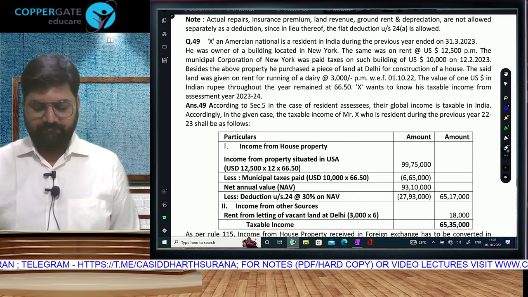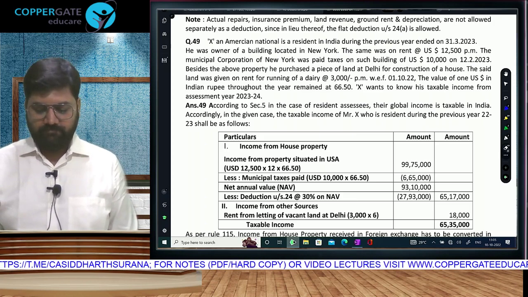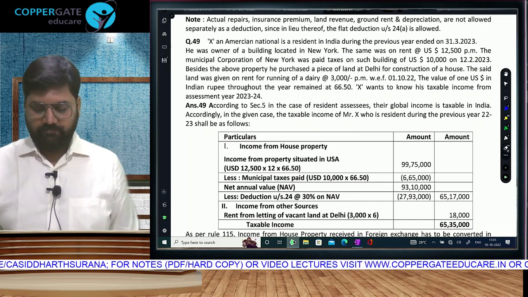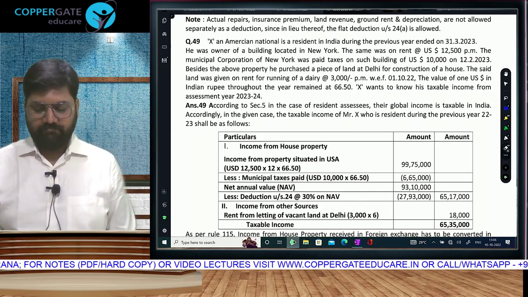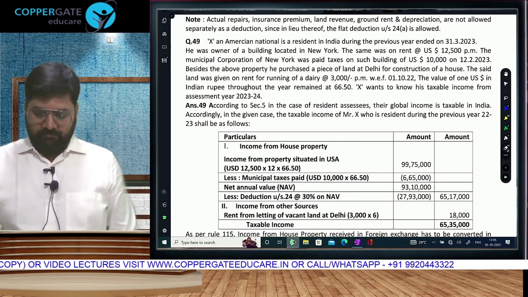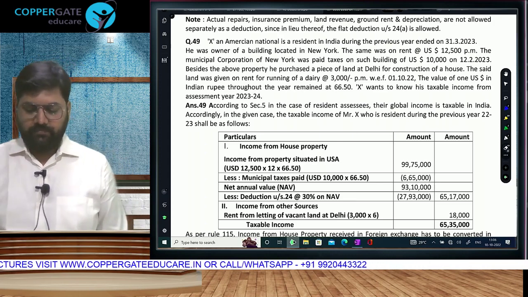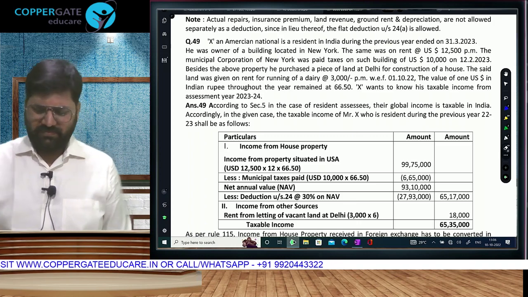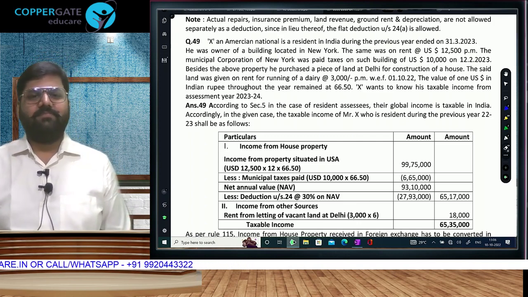The municipal corporation of New York was paid taxes on such building of US dollars 10,000 on 12 February 23. Besides the above property, he purchased a piece of land at Delhi for construction of a house. The said land was given on rent for running of a dairy at 3,000 per month with effect from 1st October. The value of $1 in Indian rupees over the year remained at 66.5. X wants to know his taxable income for the assessment year 23-24.